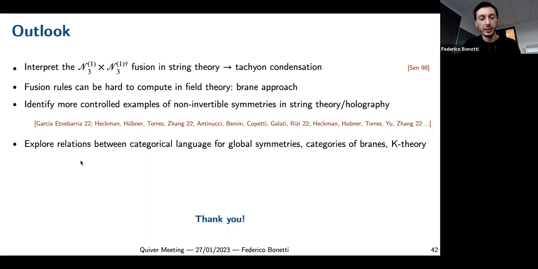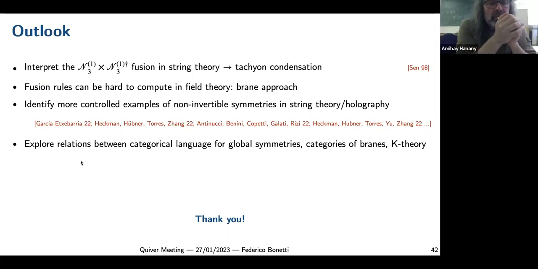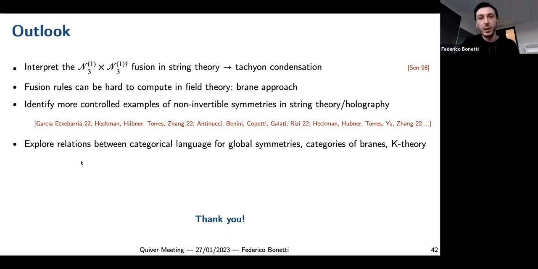What I have discussed today is essentially how these fuse together, for instance. But since they do not form a group, it's natural to ask what does it mean to be in a representation of such a non-invertible symmetry? And I think that's related to also what kind of states might be charged under it.